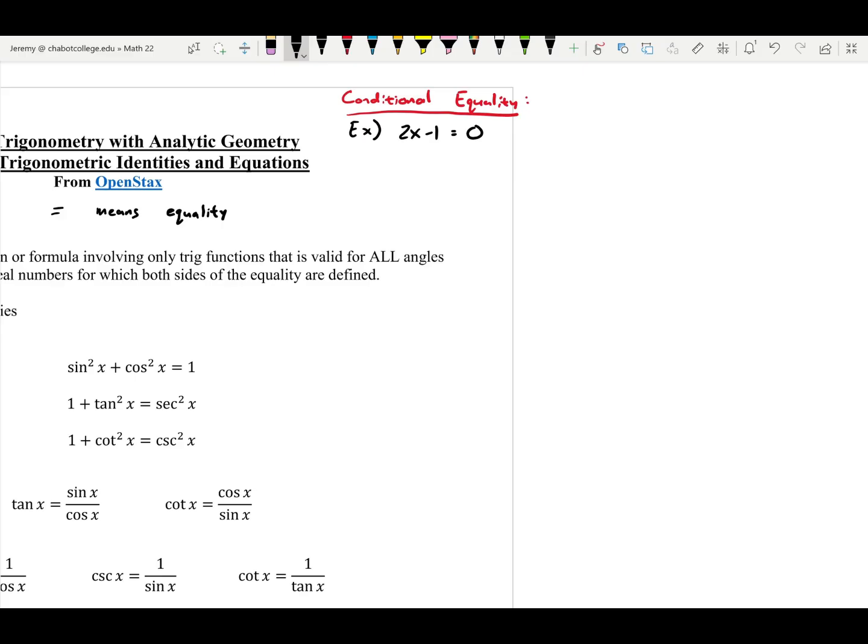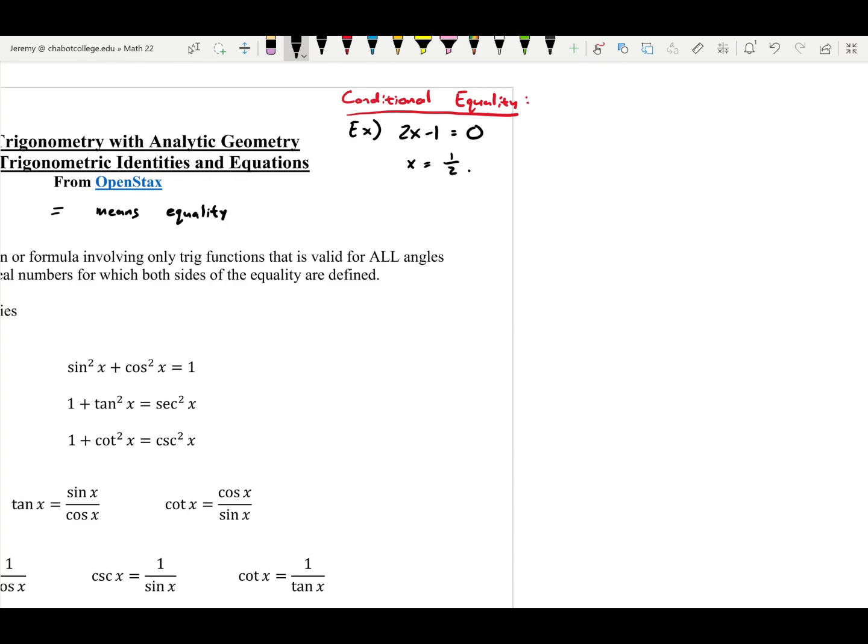Notice that whether this is true or false depends on the value of x. We could figure out the value of x that makes this statement true by adding 1 to both sides and dividing by 2. We can solve and see that x is equal to 1/2.